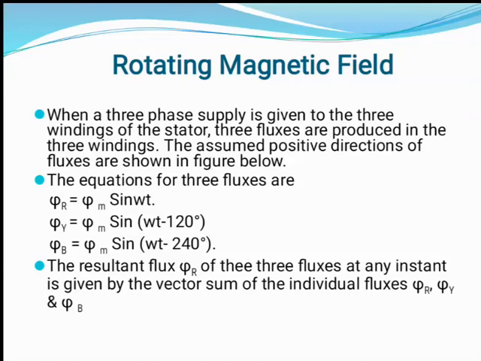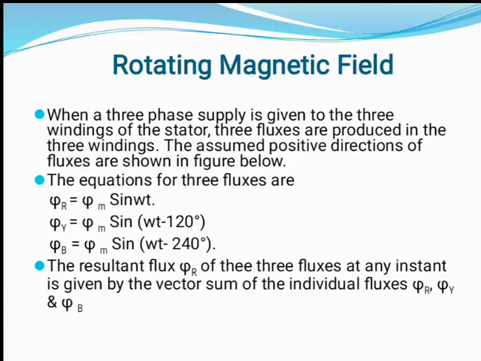Usually when three-phase supply is given to the three windings of the stator, three different fluxes will be produced in the three respective windings. The assumed positive directions of the fluxes are as shown. The equations for these three fluxes are φr = φm sin ωt, φy = φm sin(ωt − 120°), φb = φm sin(ωt − 240°).